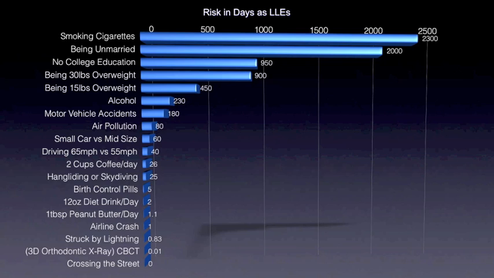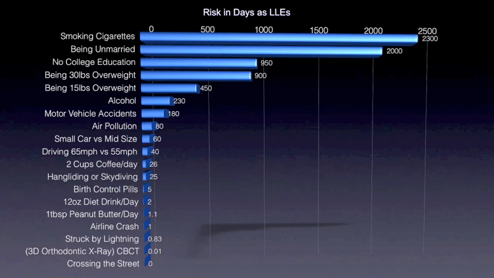Interestingly enough, being unmarried carries a risk that's not that much less than smoking. Lack of a college education is about 950 days of risk in terms of LLE. For those of us carrying a few extra pounds, being overweight by 30 pounds is about 900 days, and 15 pounds, of course, 450 days.